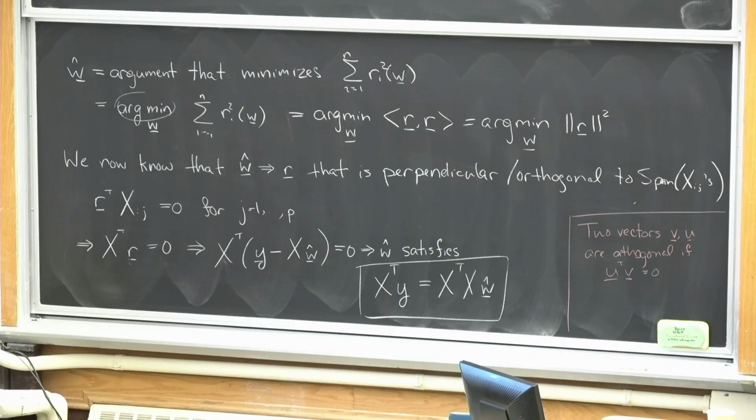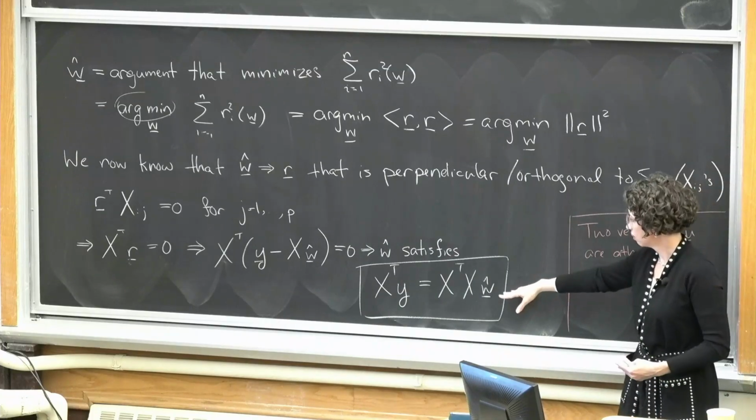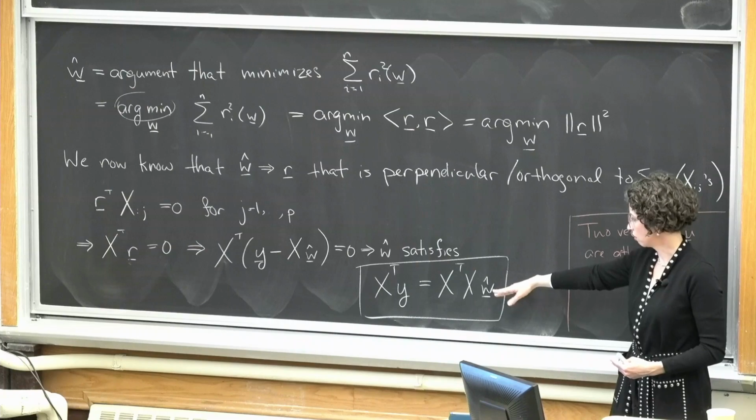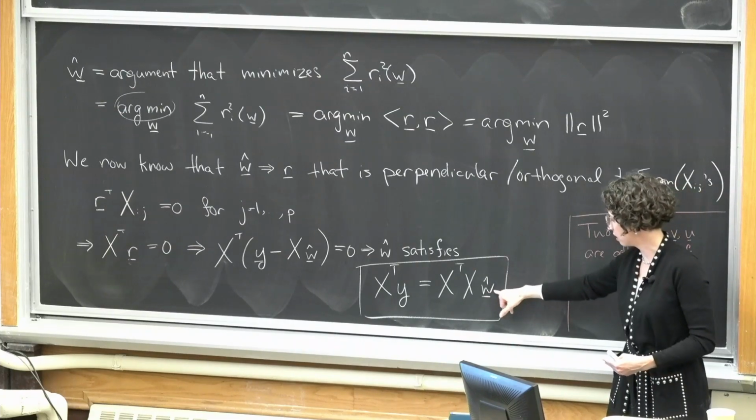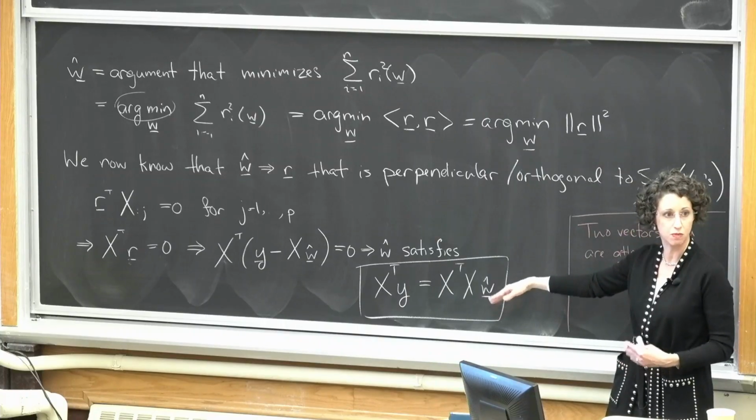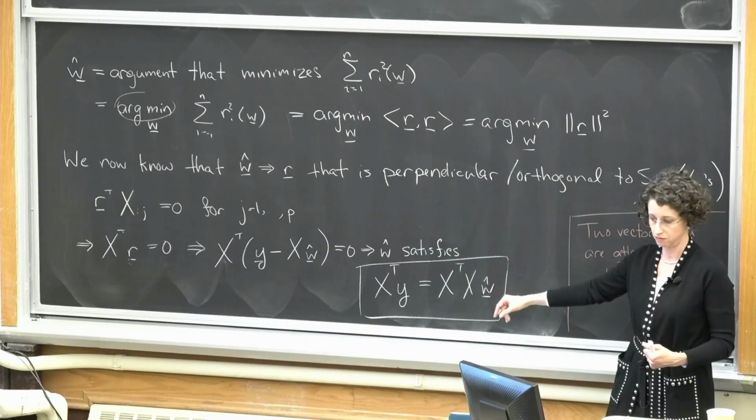So by using this geometric perspective, and the understanding that our residual vector is as short as possible when it is orthogonal to this span, we derive this system of linear equations that tells us what w hat has to satisfy in order to minimize the sum of squared errors.